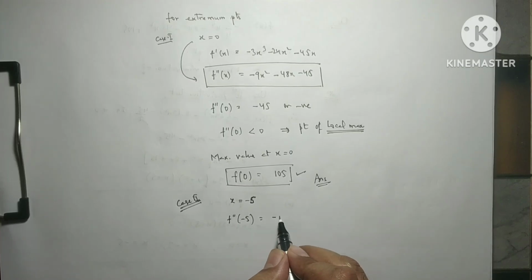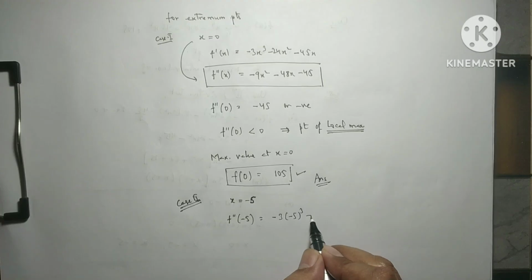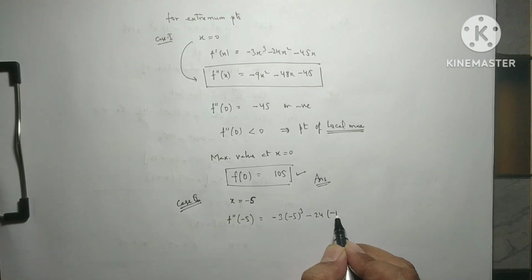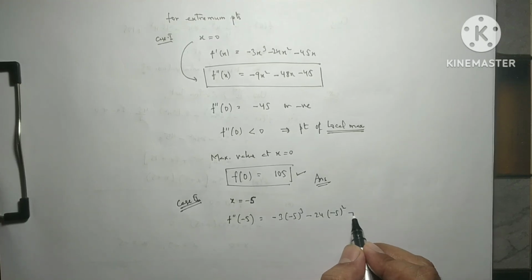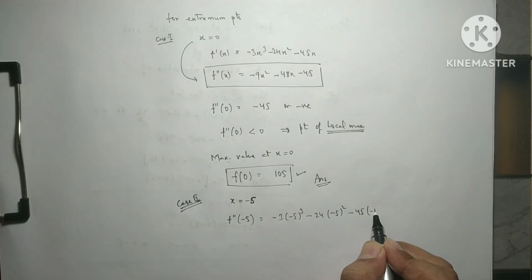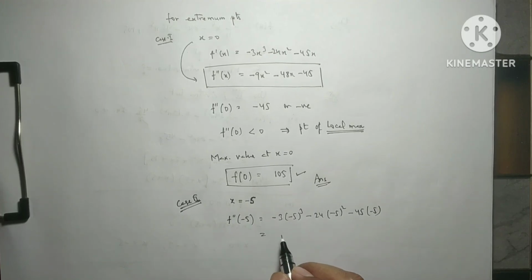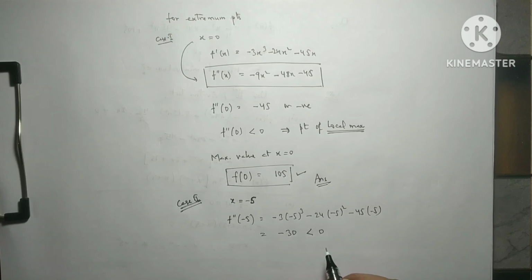On putting this, minus 3 into minus 5 cube minus 24 into minus 5 square minus 45 into minus 5. On solving this, we will get the value minus 30. Again it is lesser than 0.